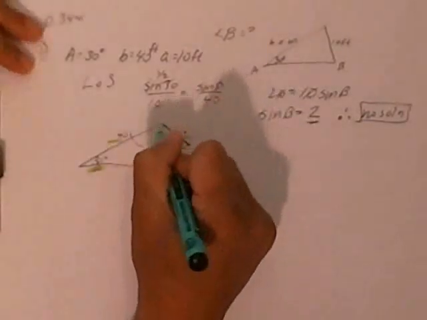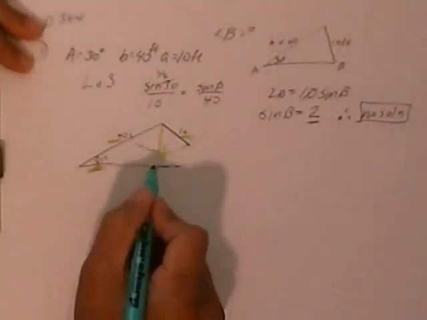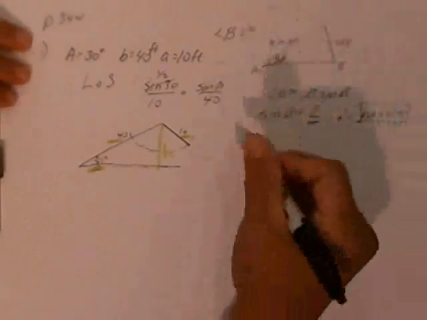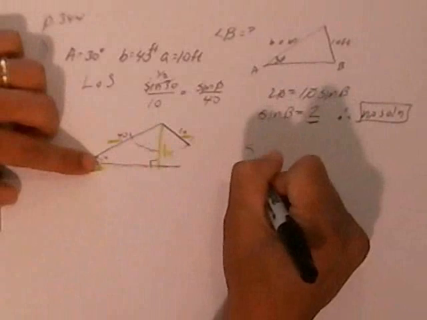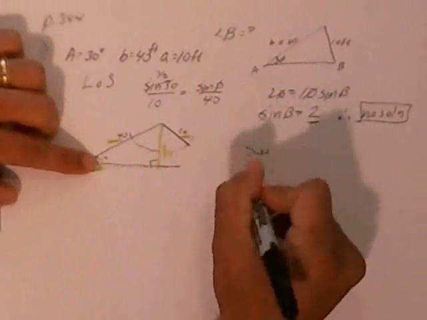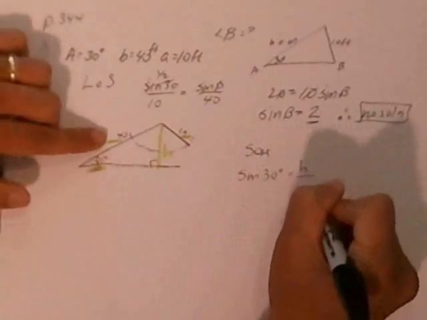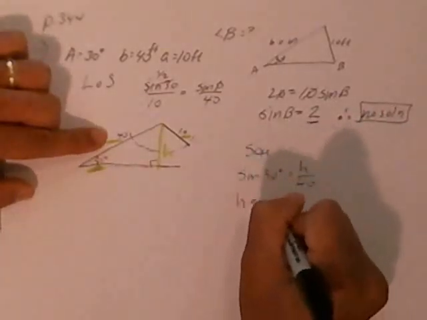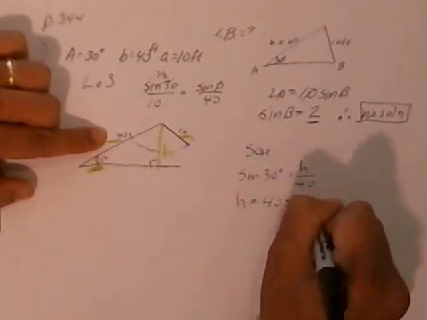In fact, this is the height h. You have to have that minimum height. Well, let's try to figure out what that minimum height is, okay? We're going to use SOHCAHTOA now. The sine of 30 degrees is equal to h over 40. If you solve for h, it's equal to 40 times the sine of the angle 30 degrees.